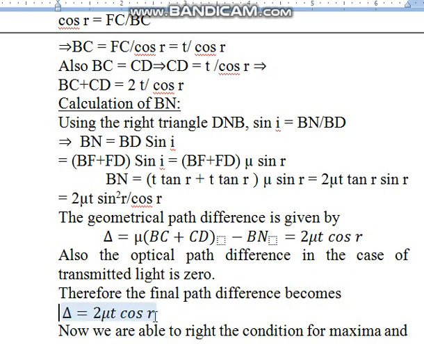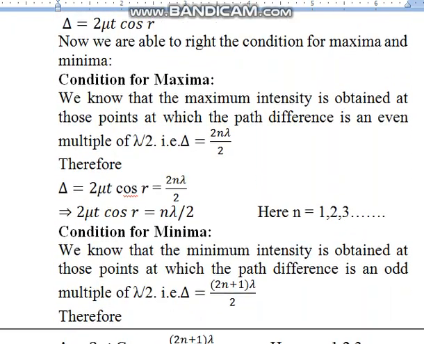So once we obtain the path difference, we are able to write the conditions for maxima and minima. First, the condition for maxima. We know that maximum intensity is obtained at those points where the path difference is an even multiple of lambda upon 2. So we put the path difference equal to twice n lambda upon 2.